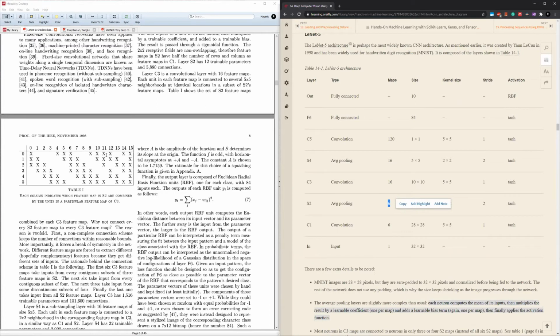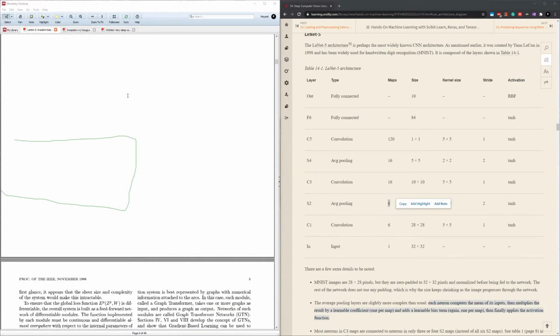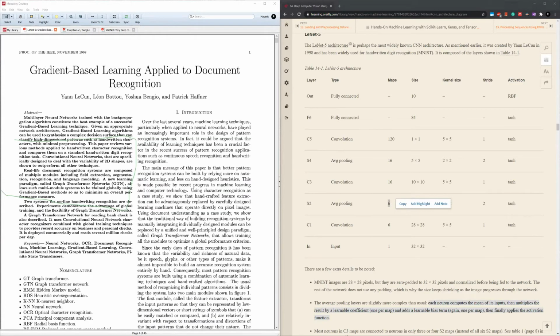This on the left, if you can see here, these are the maps, and this is the research paper that Yann LeCun published in 1998.